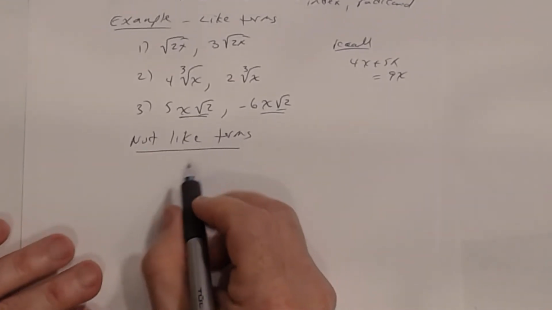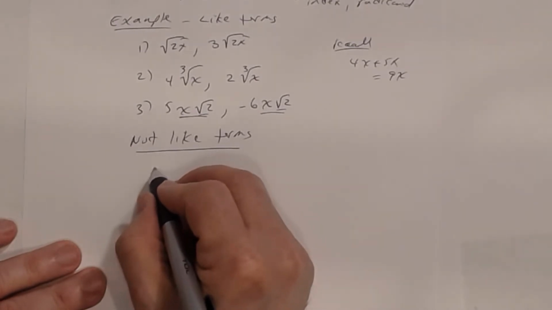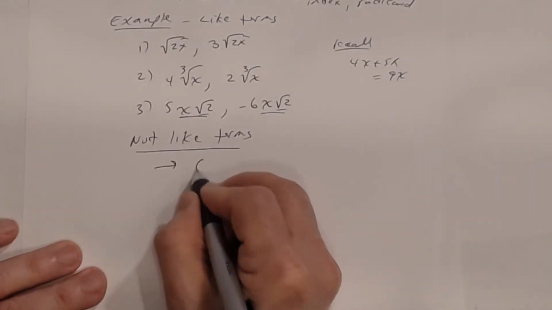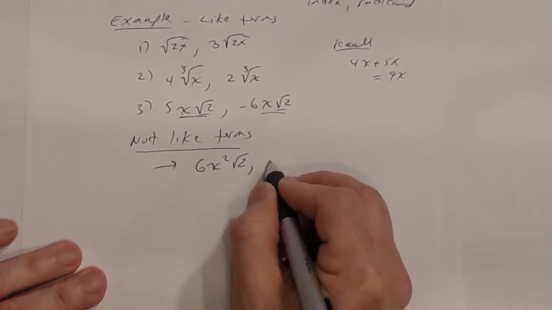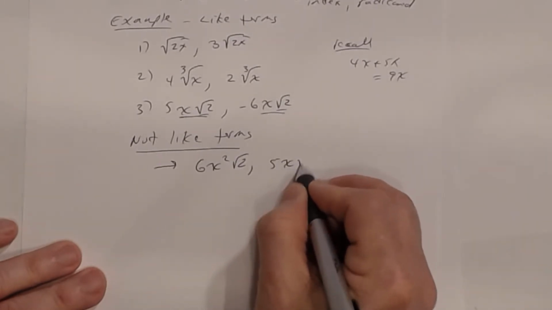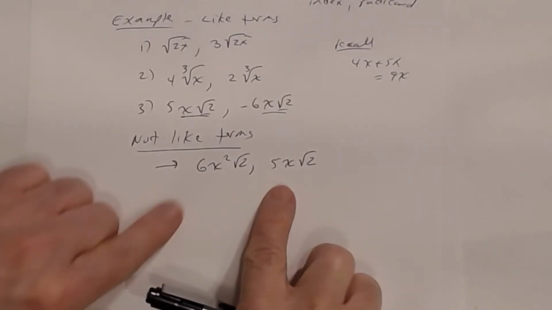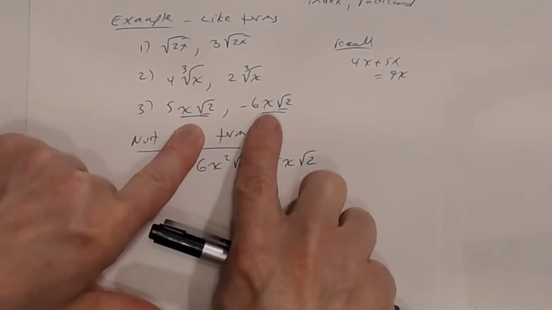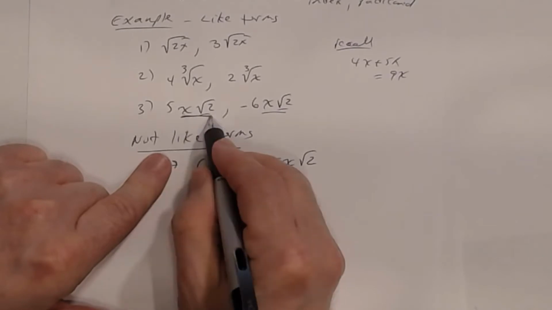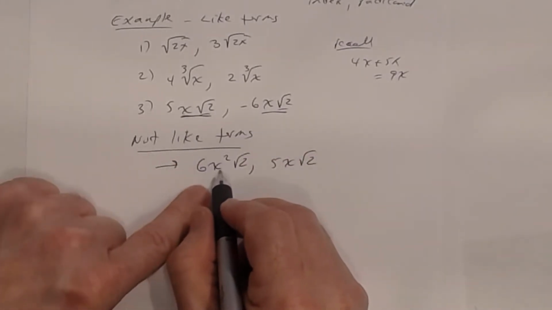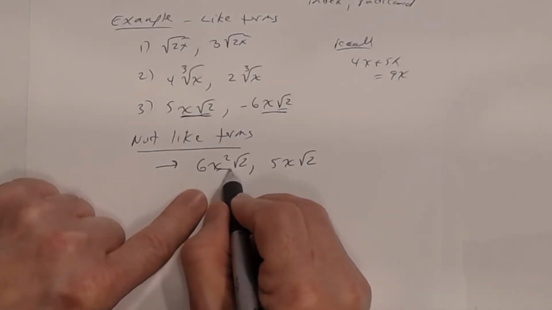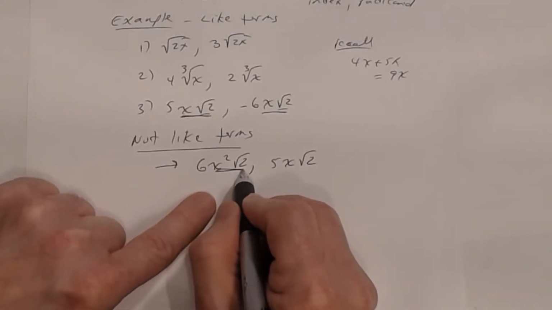Now what if you had this? Watch, these are not like terms. 6x squared square root of 2, and 5x square root of 2. Compare this with the previous one. Those were like terms because this is x to the first square root of 2, x to the first square root of 2. Here, you have a variable on the outside, so you have to consider that.